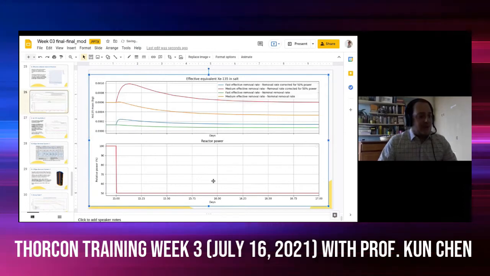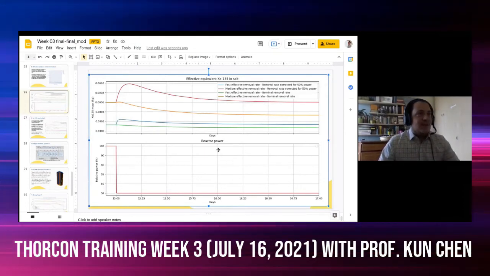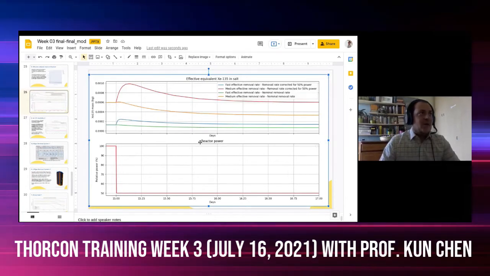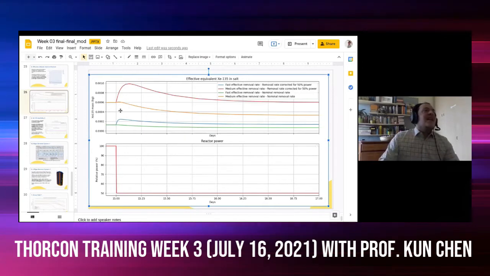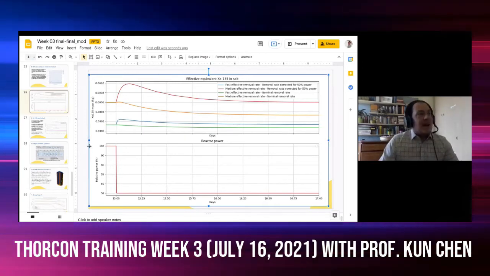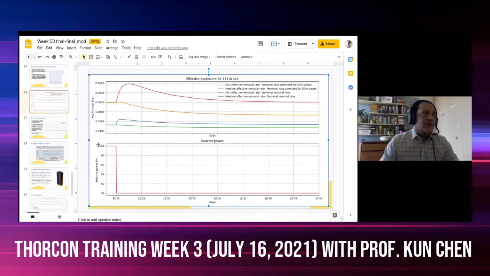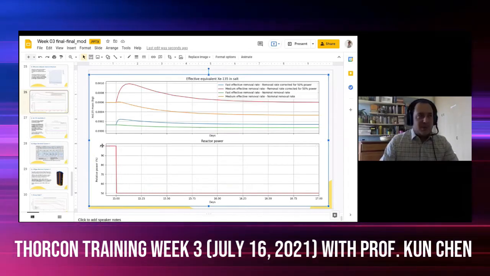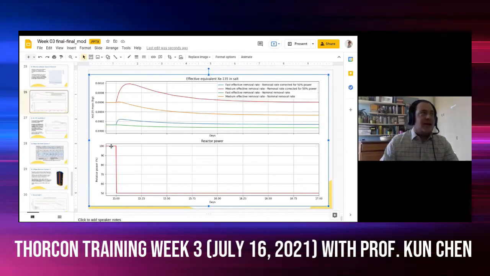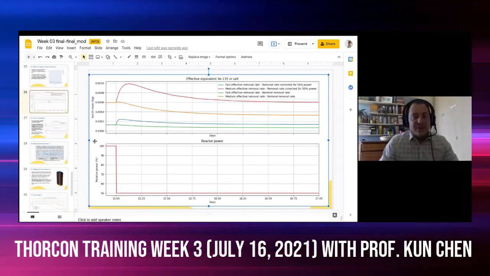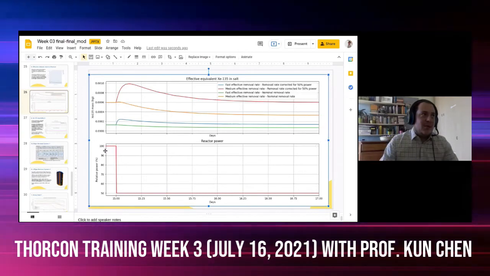Of course, ThorCon will distribute the presentation at high quality and resolution, so you will be able to look at this. Let's imagine a change in reactor operation with the ThorCon reactor that has been operated in steady state for a long time, let's say for 15 days at full power or 100% nominal power.